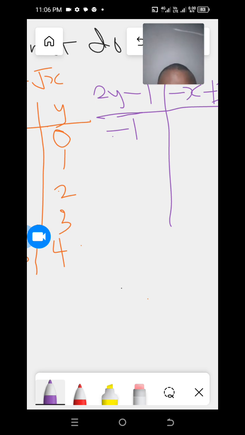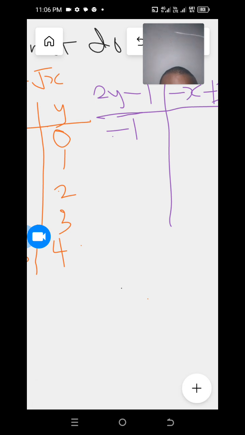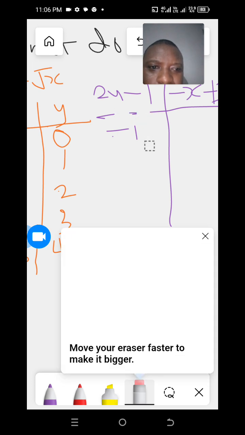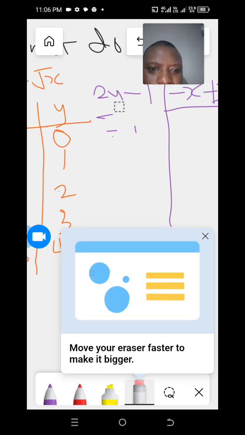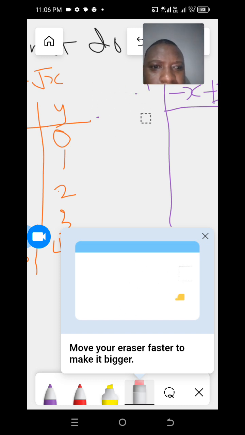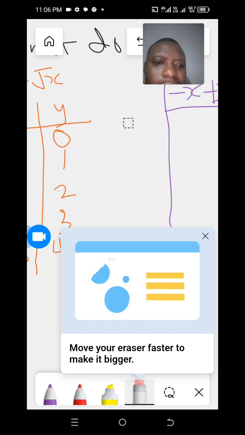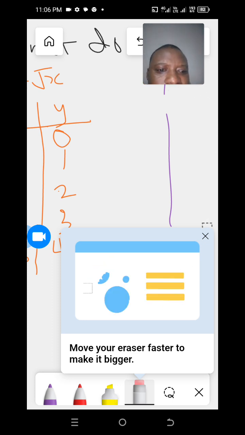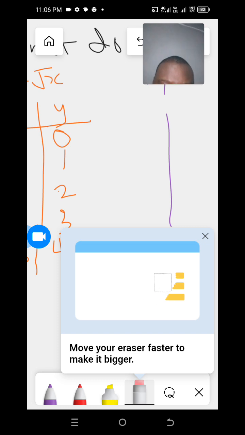Let's say I want to switch these parts so that I can make sure my y is at this side, so I will not get confused. Sorry for that. Thank you.